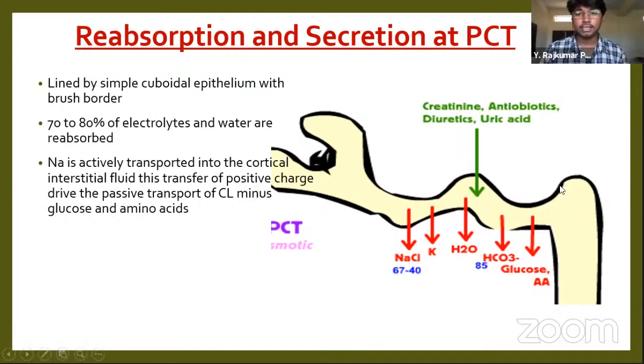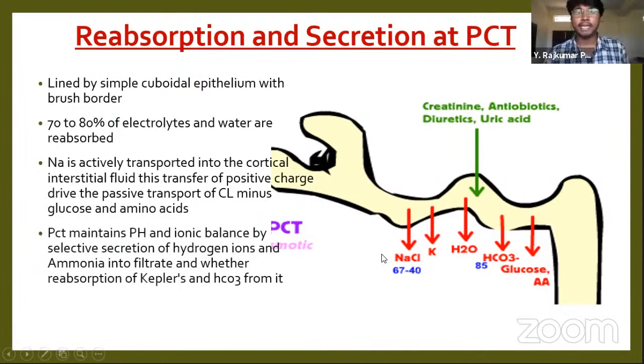You can see here creatinine, antibiotics, diuretics, and uric acid are getting secreted, whereas the reabsorbed substances are NaCl, K plus, and water, bicarbonate, glucose, and amino acids. PCT maintains pH and ionic balance by selective secretion of hydrogen ions and ammonia into the filtrate and reabsorption of HCO3 minus from it.